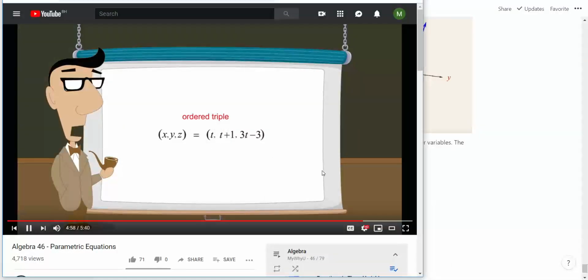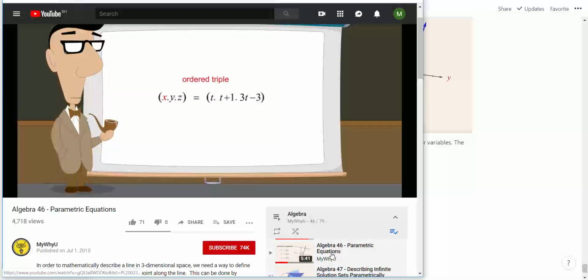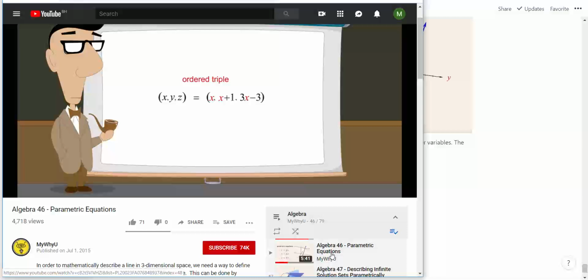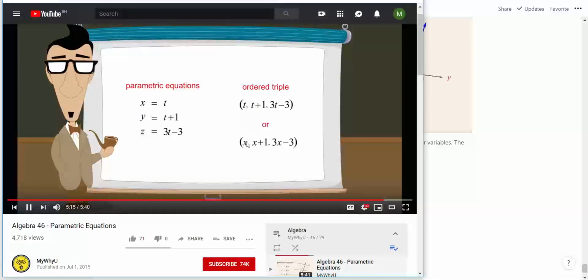It is also possible to use one of the variables as the parameter, expressing the coordinate values in terms of this one variable. These are all examples of ways to write parametric representations of the solutions to a system of equations with infinitely many solutions.